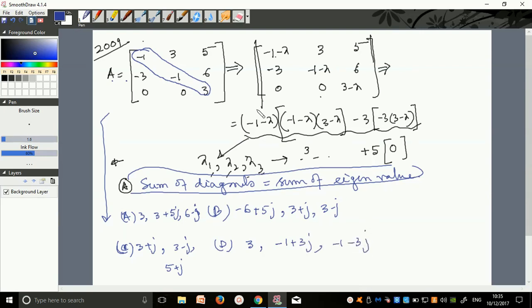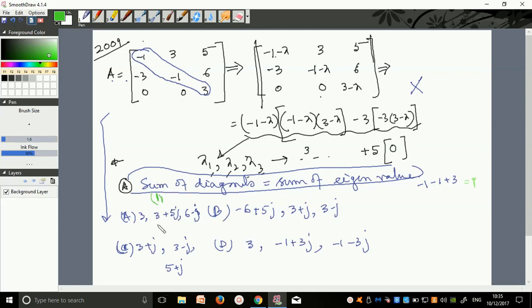You can see from the options given that these equations are leading you to some imaginary numbers. So I should not go into all this A minus lambda calculation. Rather, I will just add up the sum of the diagonals: minus 1 plus 3, minus 2 plus 3, that is 1. So the sum of the diagonals is 1 in this case.